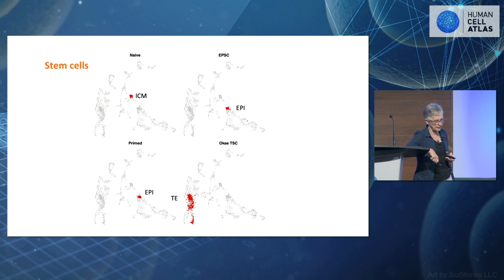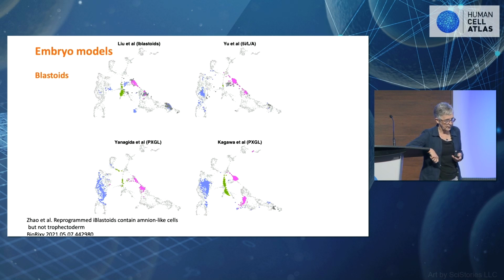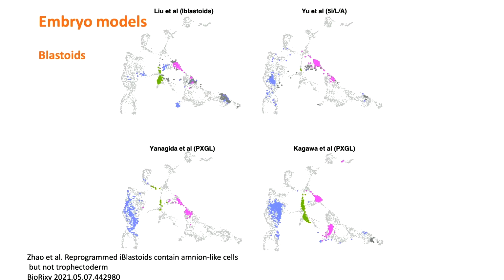Then you can ask, and that's what Lanner et al. have done, where do the blastoids map? How do they look? And this is what you see. And essentially, they're not bad. If you look at these three, you can see that there are cells where you would hope to see them in the epiblast going down here to the differentiating mesoderm, over here in the trophectoderm, and in the primitive endoderm.